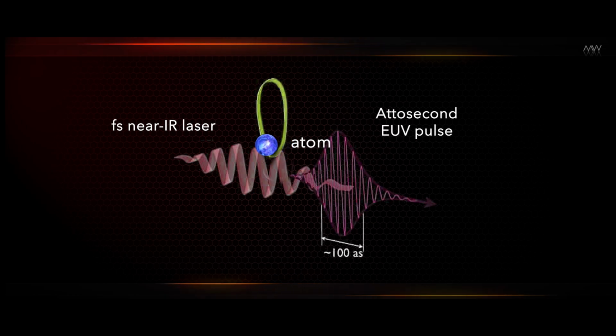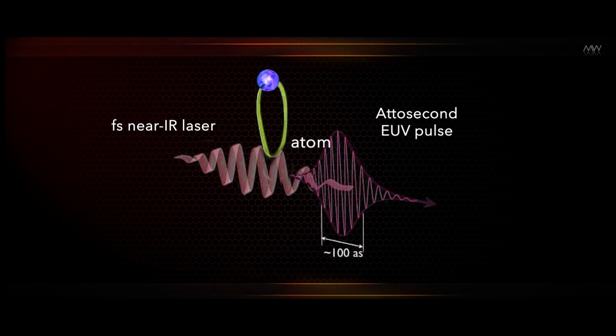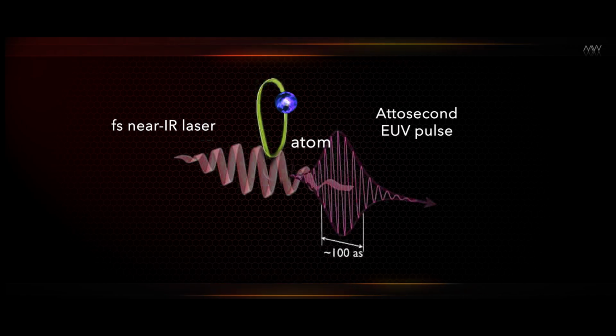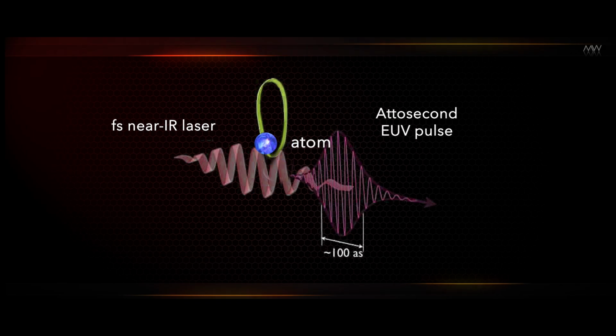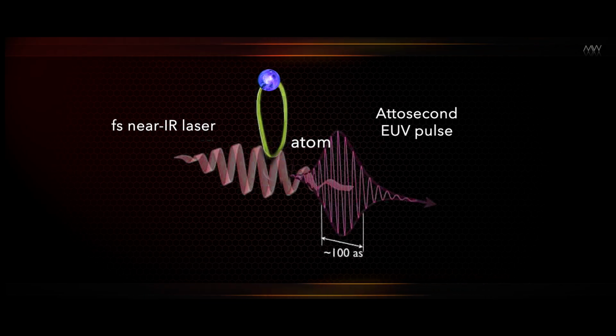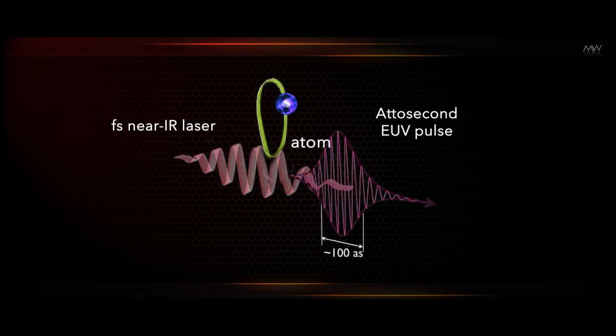So you have an atom, its electron in a normal state, it sits, and here comes a powerful infrared flash with its own electric field. This electric field starts to drive this electron back and forth. Normally, this process would go away, but if the electric field is very strong, it can rip the electron out. This electron is being ripped out of the atom because there's an electric field that's pushing it.